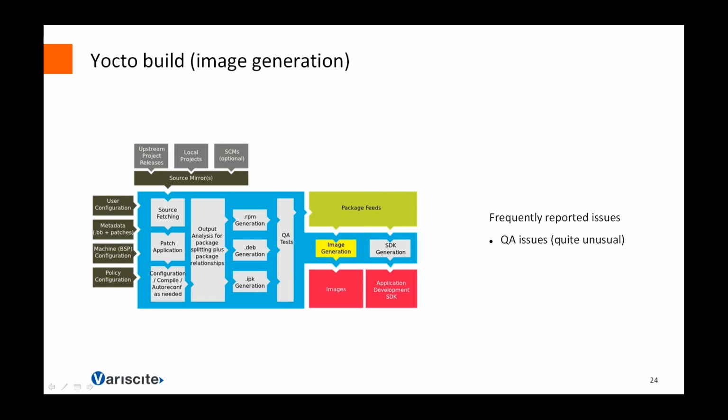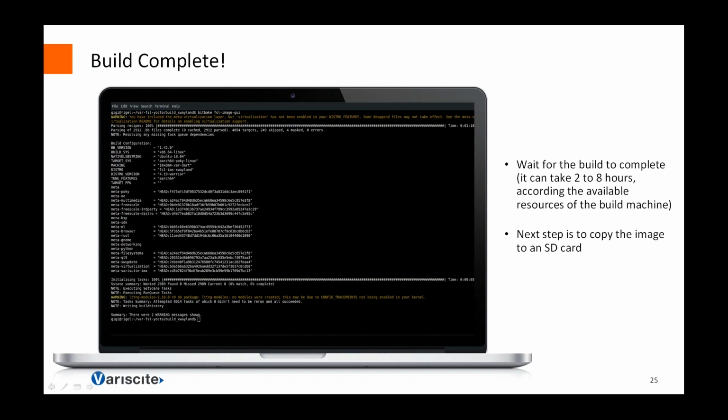Okay, what will happen when the build completes is something like this. At the end, you will get the prompt again, with maybe some warnings because of some minor inspection that the quality assurance has done from Yocto. But you get the prompt. This is the moment in which you can understand that the build is completed.